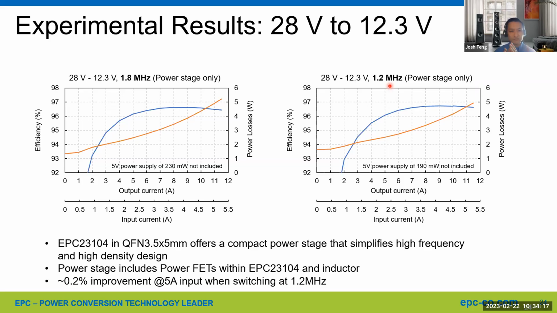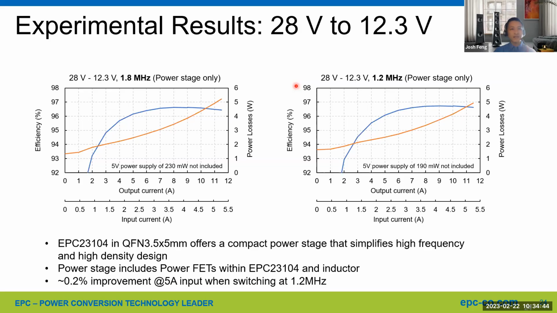If higher switching frequency is not the end goal, the device under test here, called 23104, offers a very compact power stage and simplifies customers' design, especially high switching frequency and high density designs.